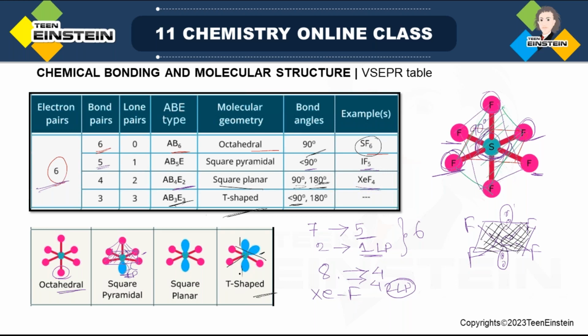The angle will be slightly lesser because of LP-BP repulsion, but this is 180. Now we have seen electron pairs starting from 1 up to 6, though there is another possibility which is 7, but for your syllabus, if you learn up to electron pair 6, I think that is enough.